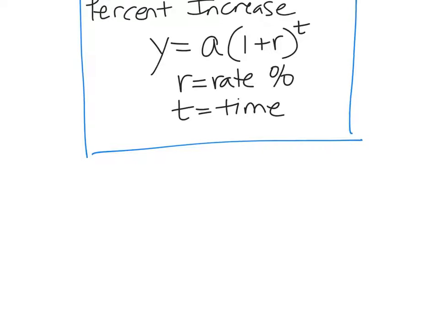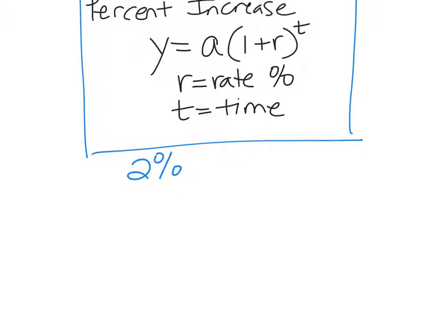Let's do this now. Okay, let me talk to you real quick about why this is 1 plus R. Let's say that next year people love Valley Christian, and so a whole bunch of kids want to come here. And the increase is going to be a 2%. What if it's a 2% increase on tuition? Is that better? Is that more reasonable? Yeah, okay, all right.